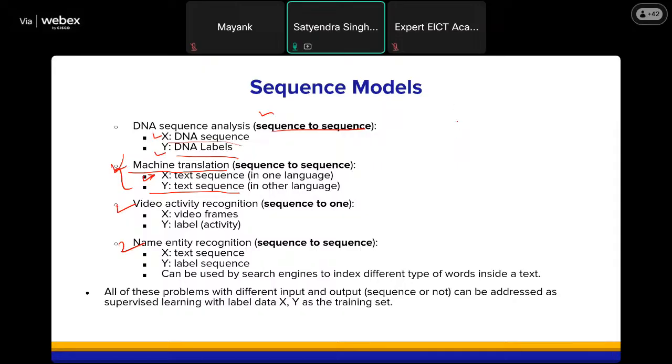So for example, named entity recognition. Given a sentence, you want to find out whether a particular word is an entity or not. You might have, let's say, W1, W2, W3, up to WN words in the sentence, and you want to predict whether each word is an entity or not. So the output could simply be one or zero, where one represents it is an entity and zero represents it is not.